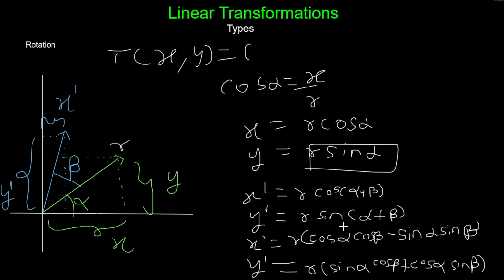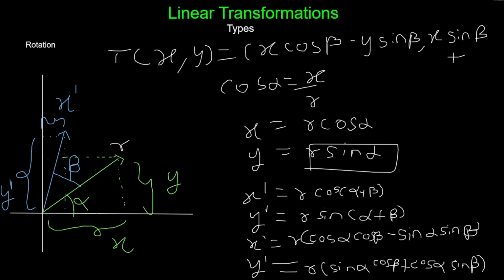The final transformed notation after multiplying the angles would be x cos beta minus y sin beta, and x sin beta plus y cos beta.